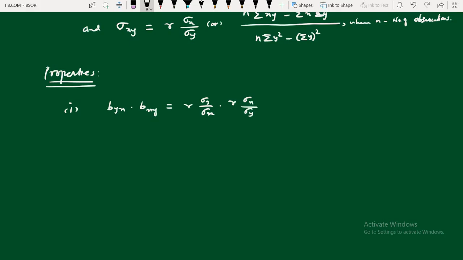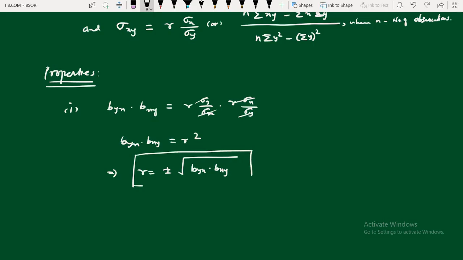Now if you multiply, sigma x and sigma y cancel, and we get r square, that is dyx into dxy. From this you can get r equals plus or minus the square root of dyx into dxy.